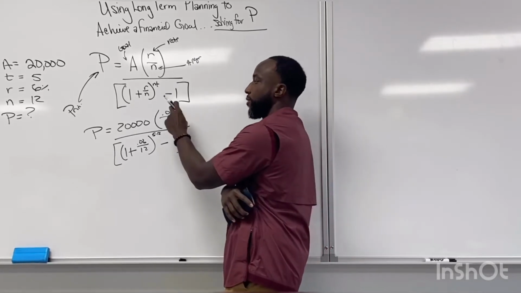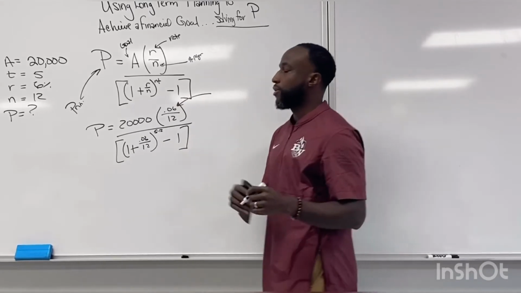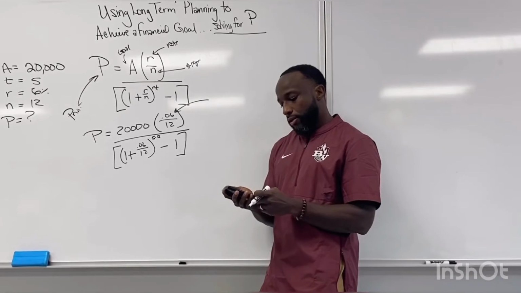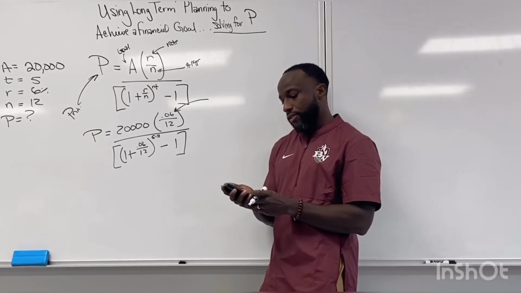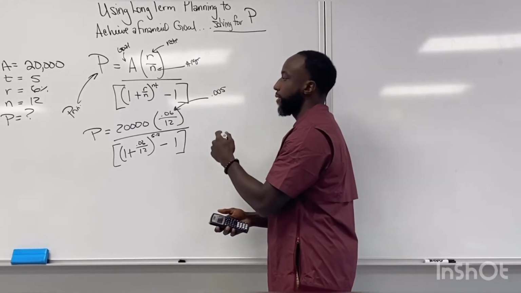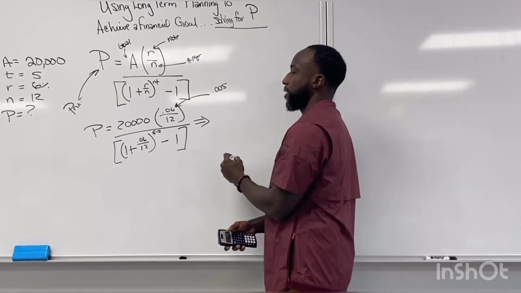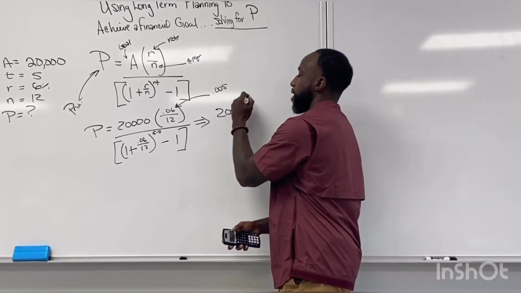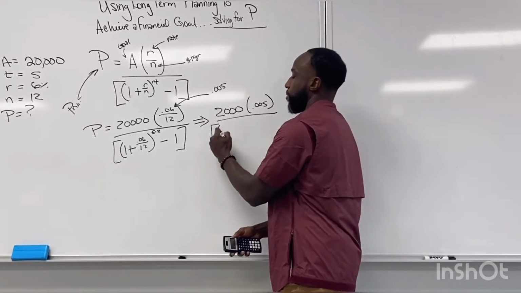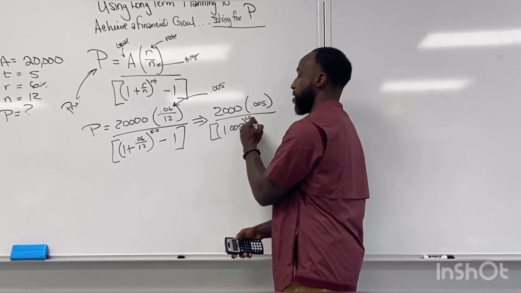First, we want to change 0.06 over 12 to an actual number. So 0.06 divided by 12 gives us 0.005. So the next step will be 20,000 times 0.005 all over 1.005 to the 60th power minus 1.